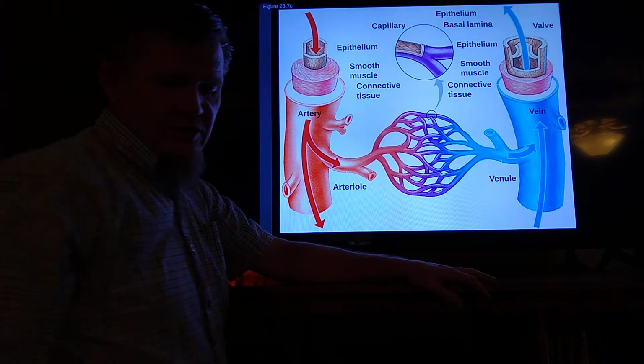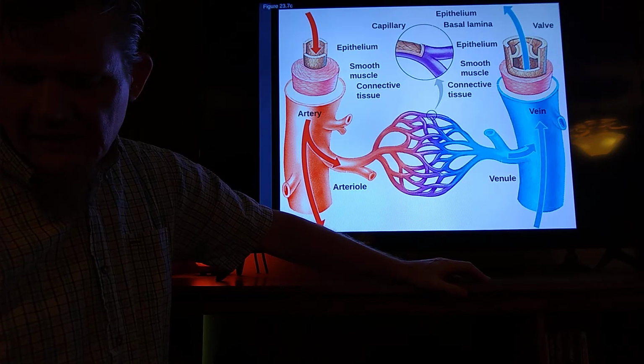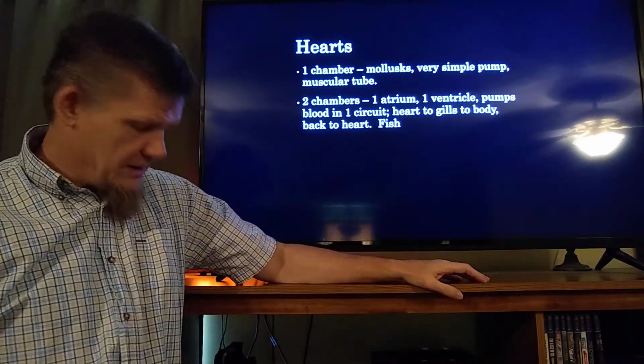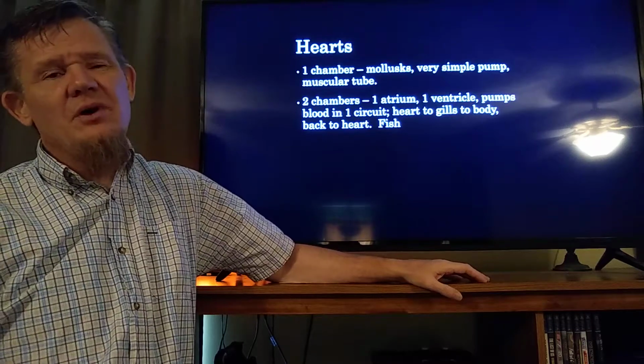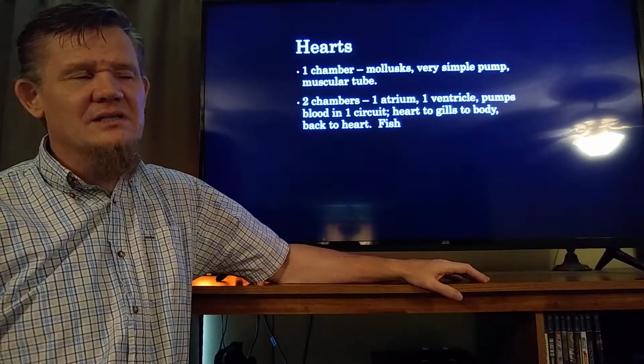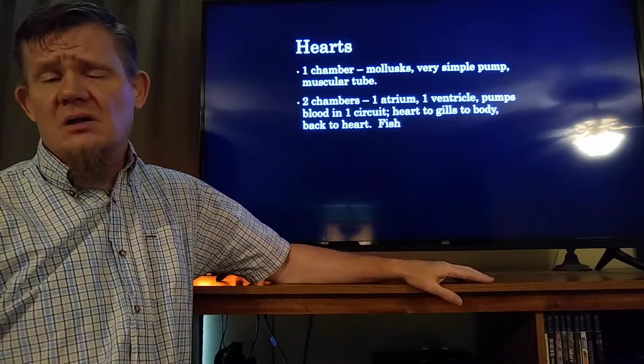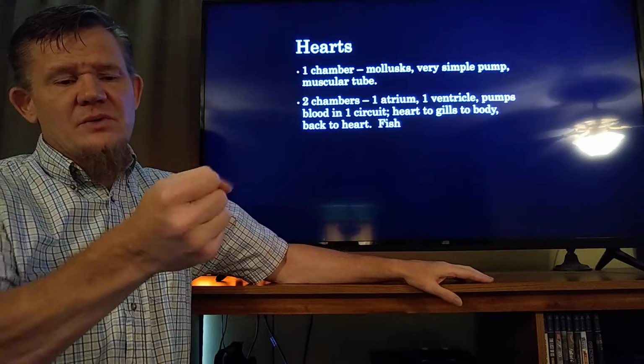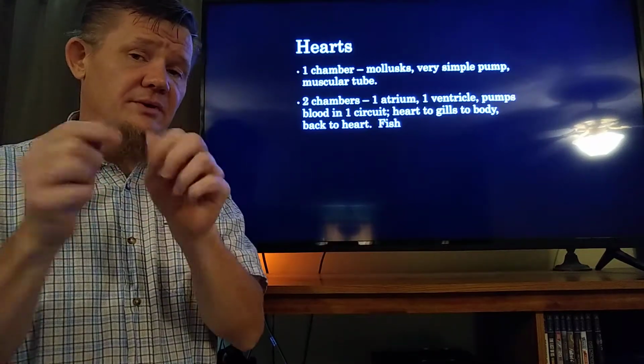Let's talk about the different styles of hearts that there are. The first kind of heart is a one-chamber heart, and one-chamber hearts are really simple. It's kind of a stretch, to be fair, to call them a heart at all. It's really just a muscular tube that squeezes, and when it does, the blood literally goes both directions.